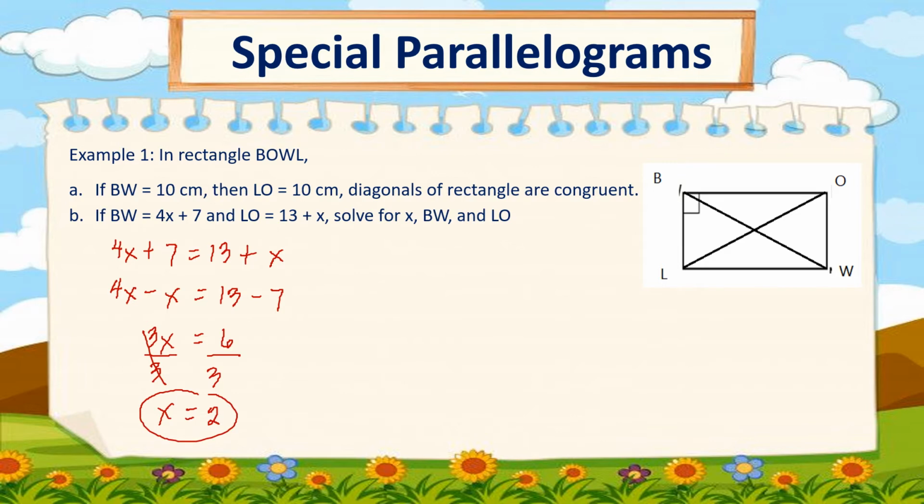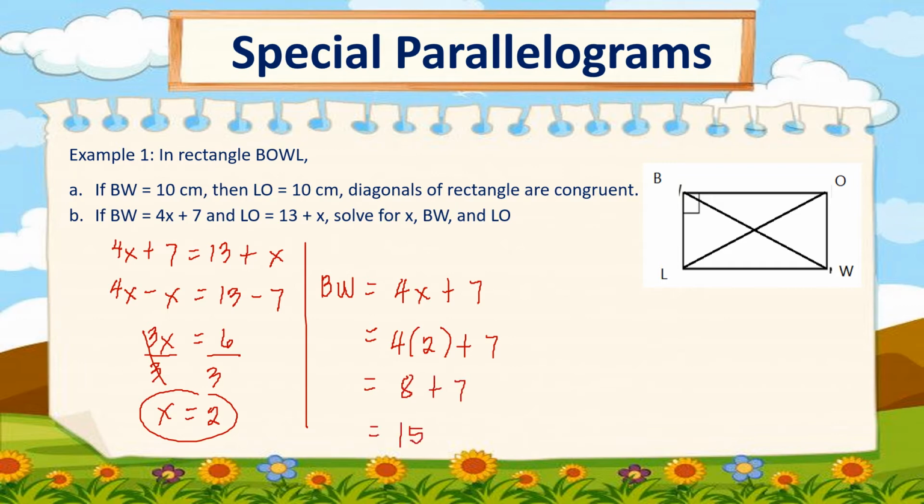Since we already have a value for x, we can now solve for the length of BW, which is equal to 4x plus 7 by simply substituting 2 to x. So we have 4 times 2 plus 7. 4 times 2 is 8 plus 7 is equal to 15.